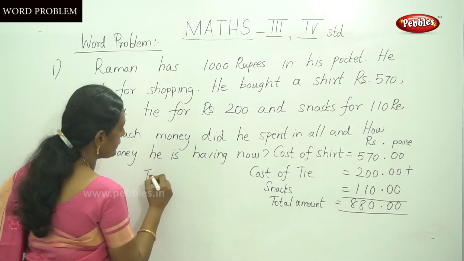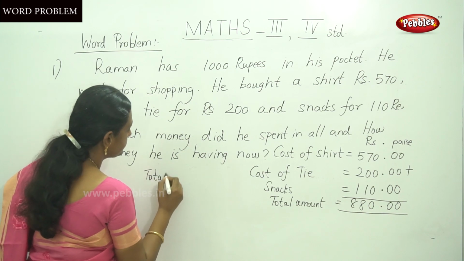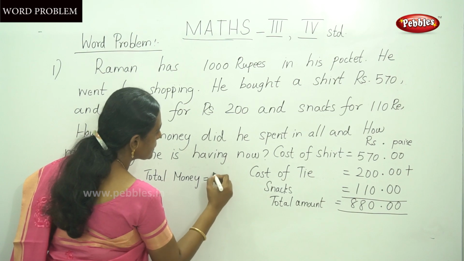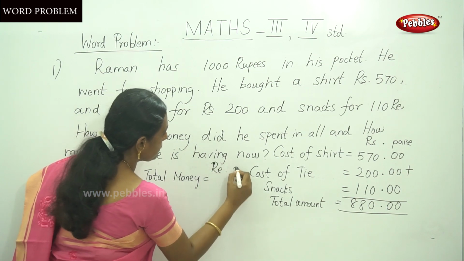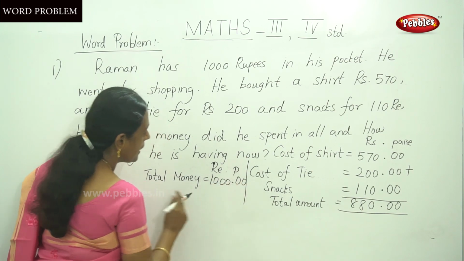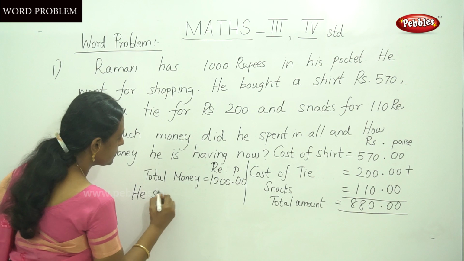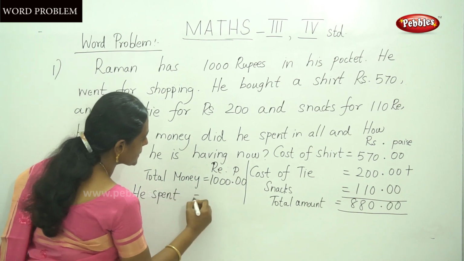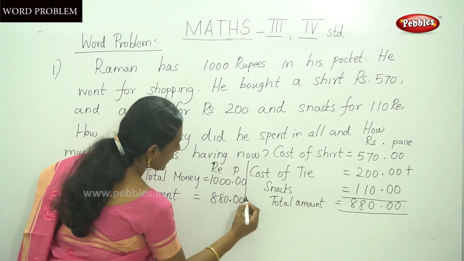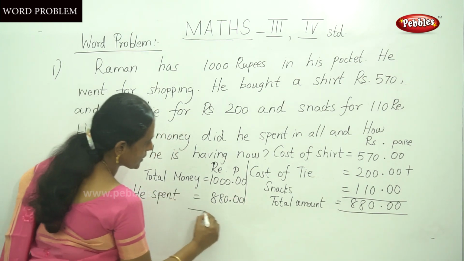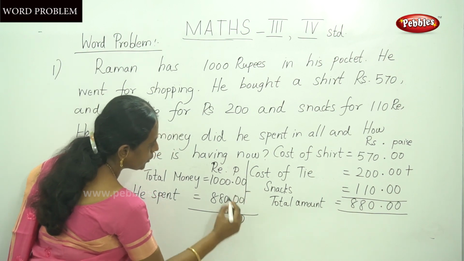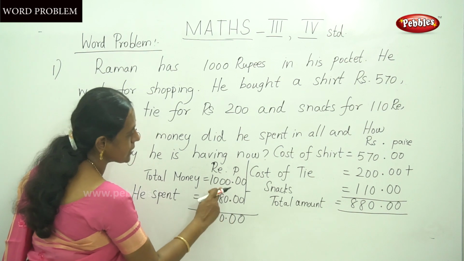First he has total money, that is rupees 1000. Here rupees and paise, 1000 for rupees, and what he spent during shopping, that is 880 and no paise. Now you are going to do this subtraction. 0 and 0, make a dot, and 0, here 0 minus 8.